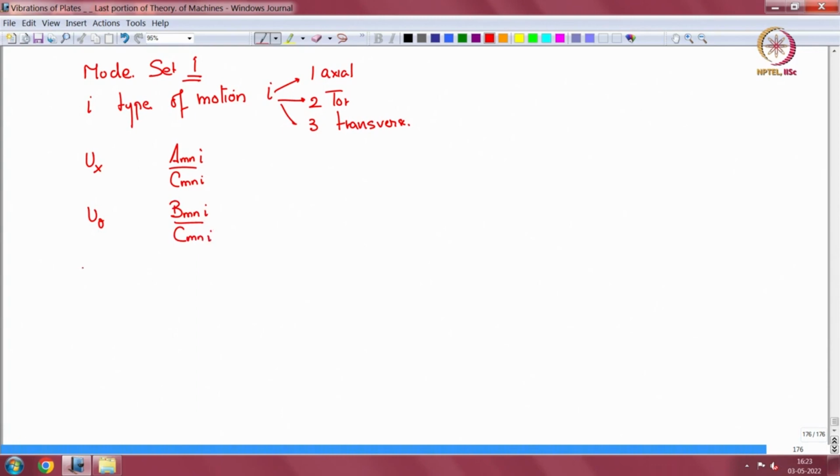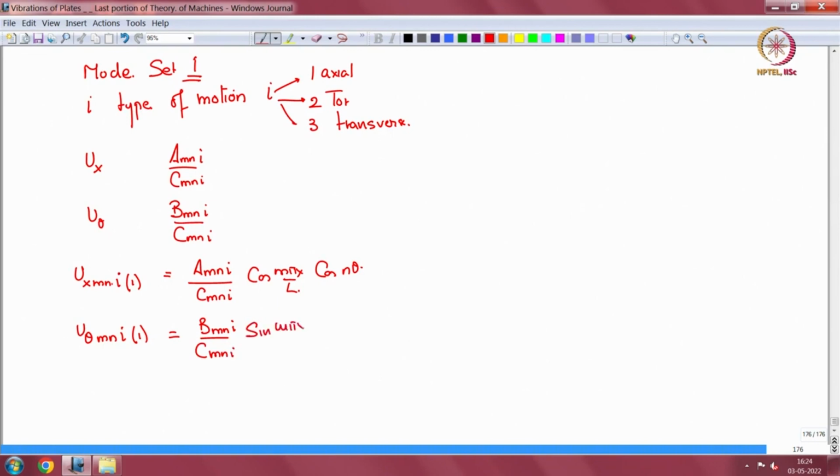Okay, so let us see, the first set is u_x,mnI, and the first set is a_mnI by c_mnI cos(m pi x by L) cos(n theta). u_theta,mnI, first set, is b_mnI by c_mnI sin(m pi x by L) sin(n theta).